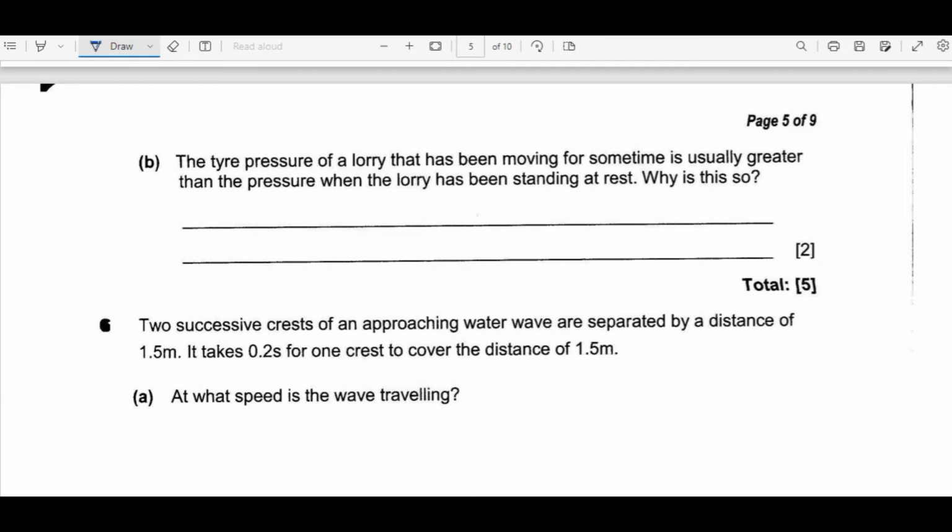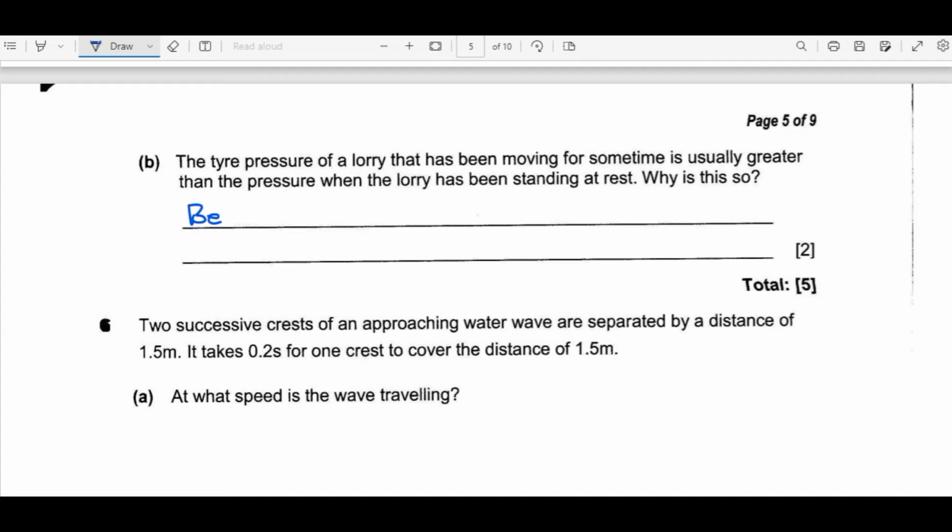That heat energy will cause the gas in the tire to expand. The energy of the particles in the tire increases, and because of that, the pressure increases, because the pressure of a gas depends on the collision of particles with the tire.